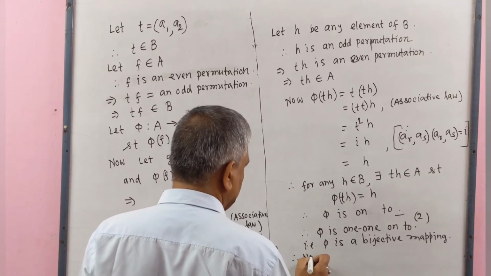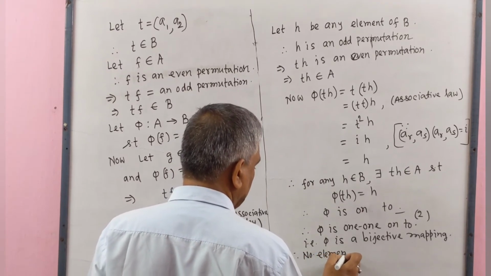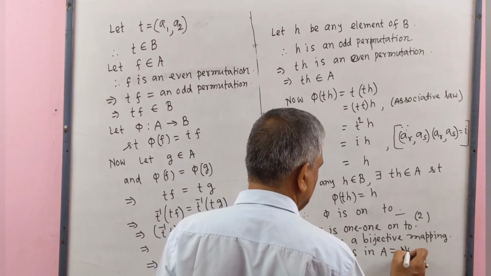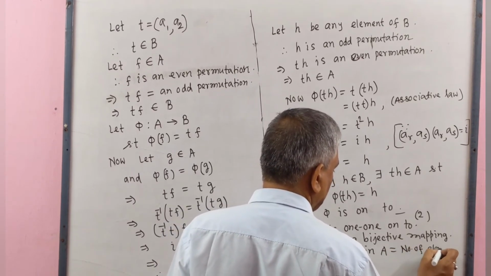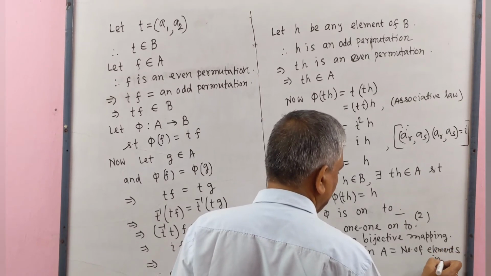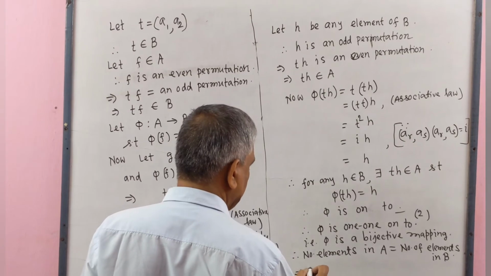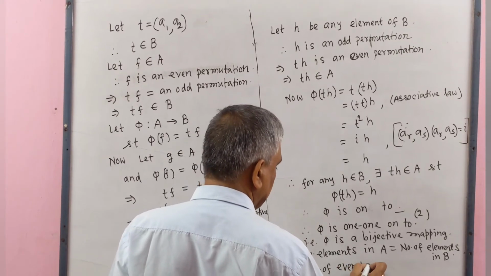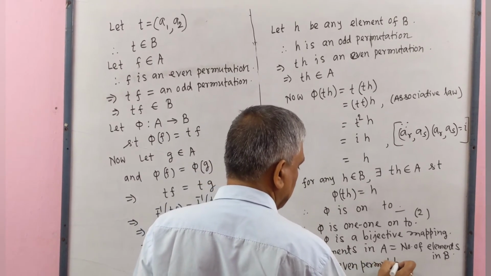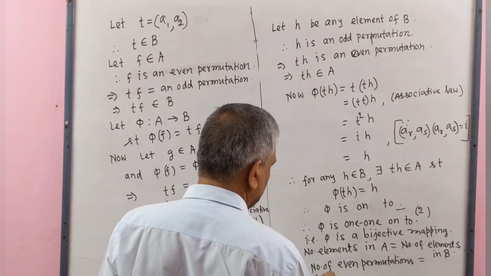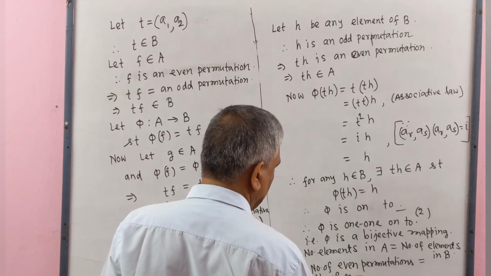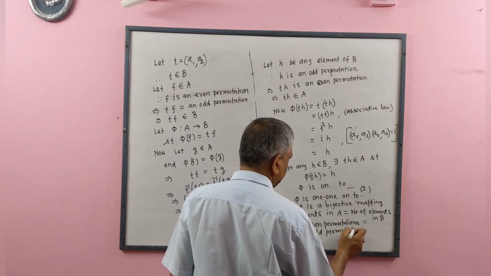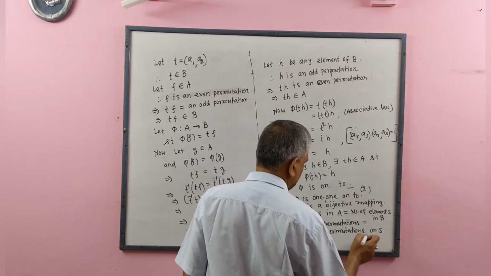Therefore, the number of elements in A equals the number of elements in B, which implies that the number of even permutations equals the number of odd permutations on S. Proved.